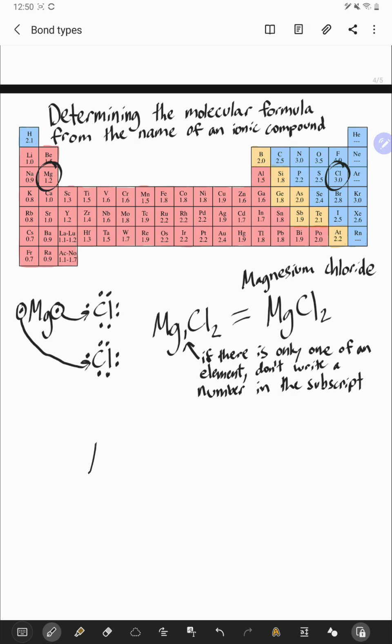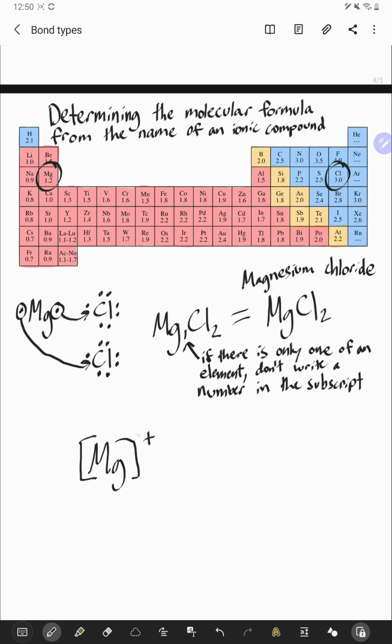So I'm going to draw magnesium in the center. And then I'm going to have the charge. And whenever there's a charge on a Lewis structure, we're going to draw brackets. So magnesium, it lost 2 electrons. And when you lose electrons, you're going to have a positive charge.